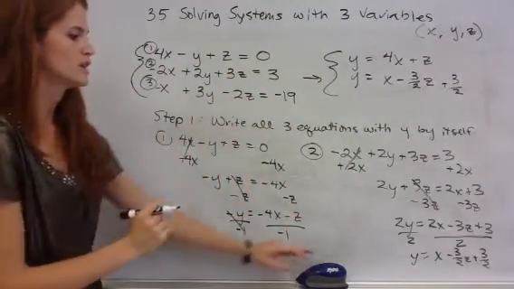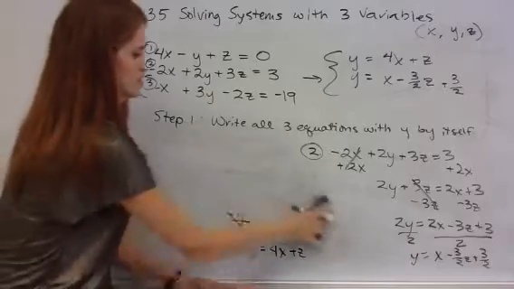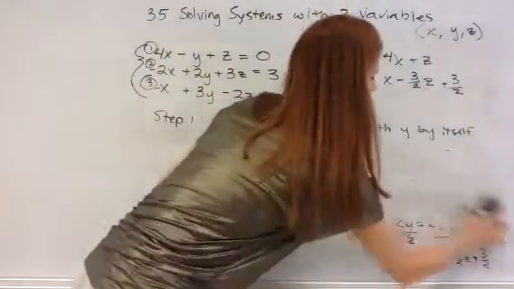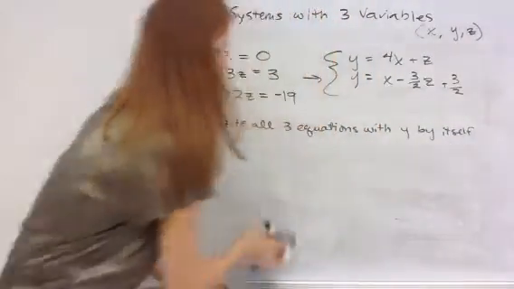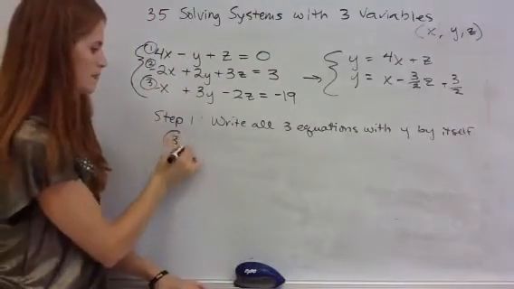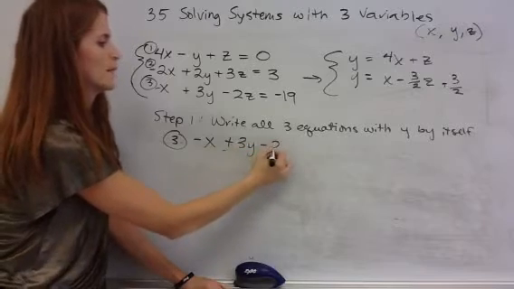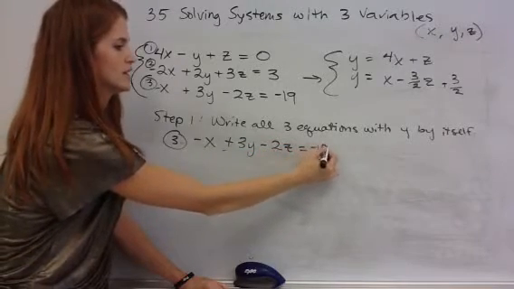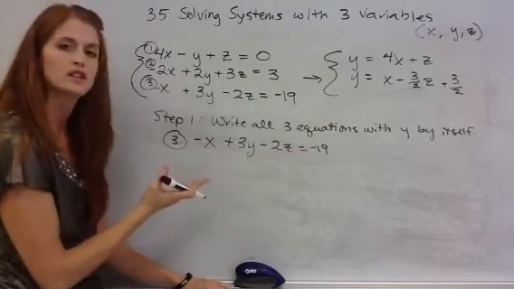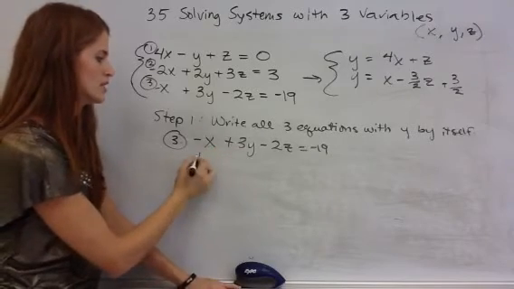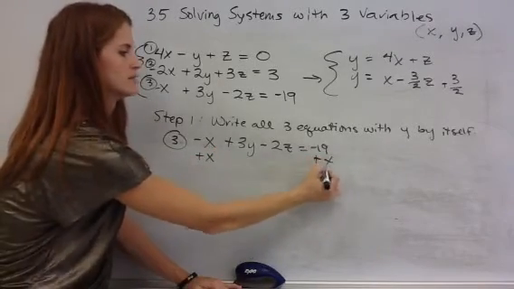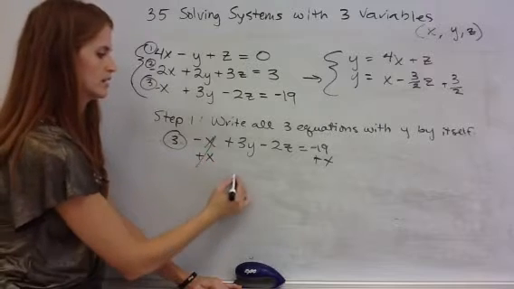I still need to work on equation 3. It's a negative x plus 3y minus 2z equaling a negative 19. For this one, to get y by itself, I want to add x to both sides. This goes away.